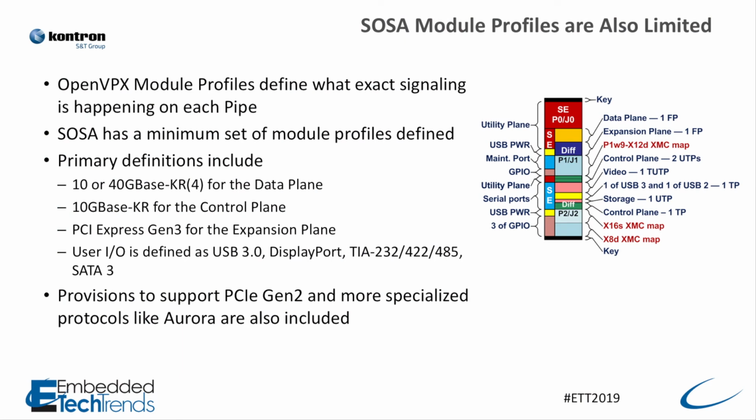Now, I was just talking about the definition of the pipes. We went so far as to define the module profiles that will go onto those pipes. What connectivity? Basically, mainly for information, things like 10 and 40 gig E for the data plane, 10 gig E for the control plane, PCI Express Gen 3 for expansion plane.